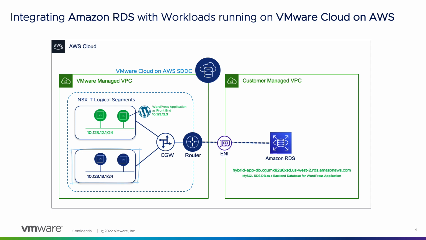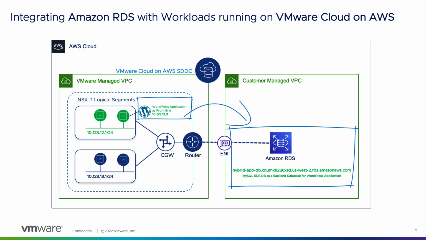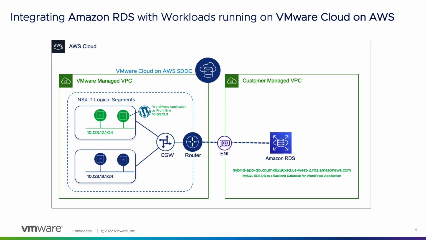From that application server or web server, we will be accessing the database on Amazon RDS. So here you can see hybrid app DB is the database that we will be creating and accessing from one of the virtual machines or workloads sitting on one of these logical segments.